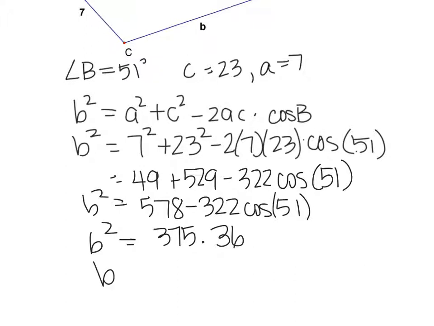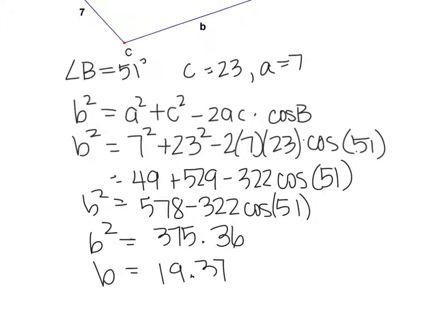In order to get b, we take the square root, and b is about 19.37. Now we have all three sides and an angle. Instead of continuing to use the law of cosines to find our other two angles, we're now going to use the law of sines.